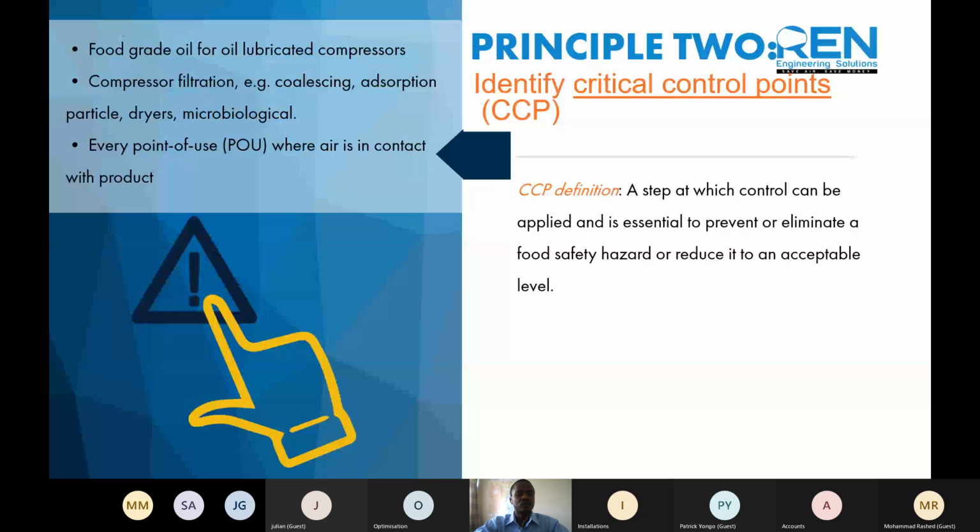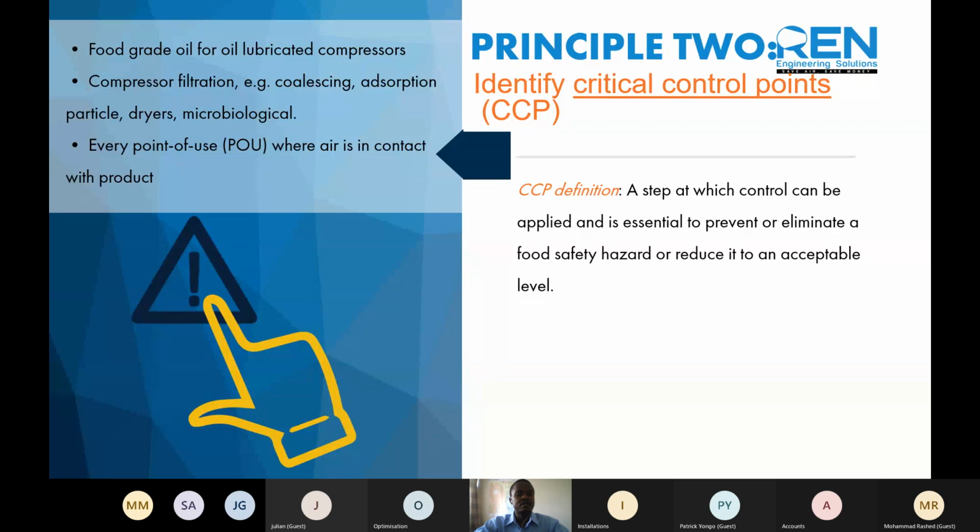One of the key critical control points in a compressed air system is the compressor itself. So if your compressor is oil lubricated, one way of reducing the risk of contamination is to use food-grade oil. Another option is to use an oil-free compressor.